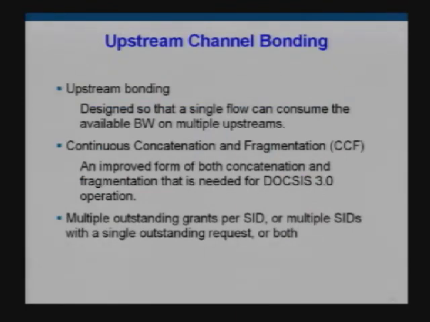Moving on to upstream channel bonding, here it works in a slightly different manner because the way cable modems get bandwidth granted in the upstream direction is that they have to request it from the CMTS first.